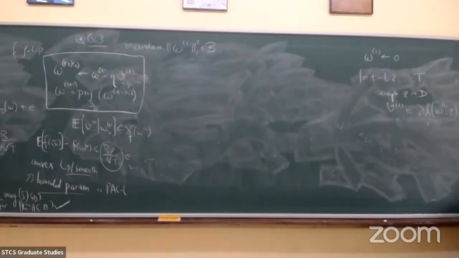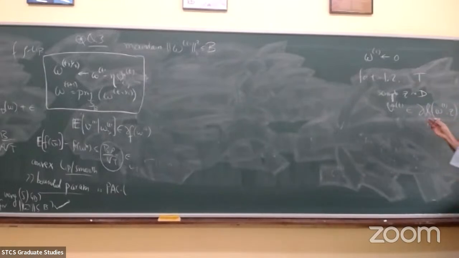So what am I doing? I just take one sample from the distribution. Maybe I have some samples available with me, I just take one of them. And then at that sample, I look at the loss function, I look at its subgradient. I look at the subgradient of the loss function for this sample with the parameter setting WT.